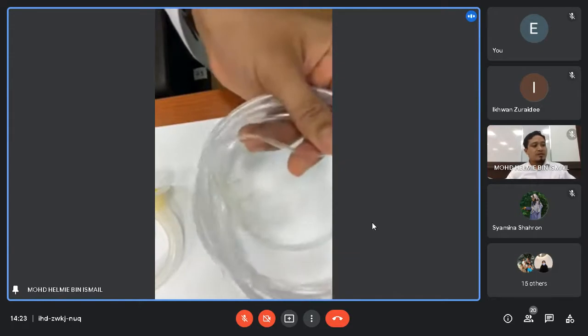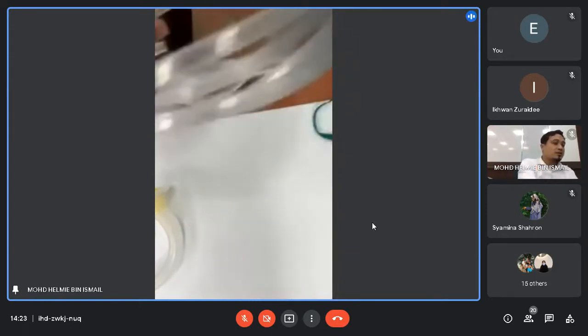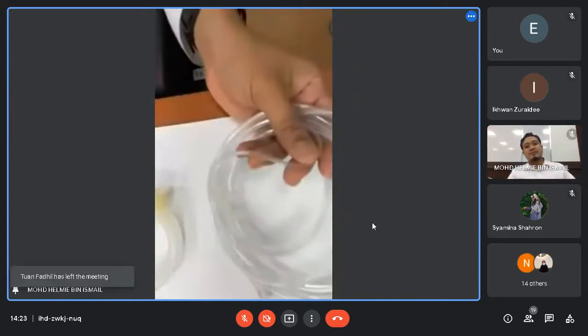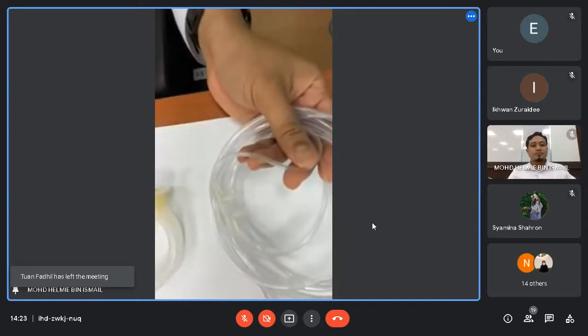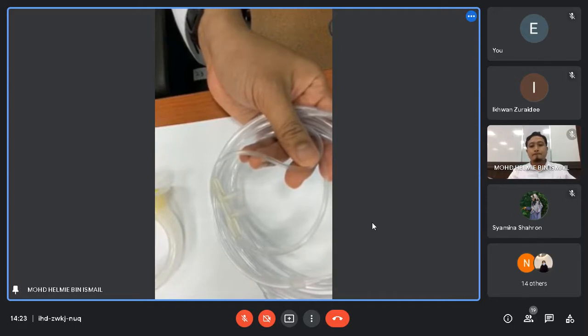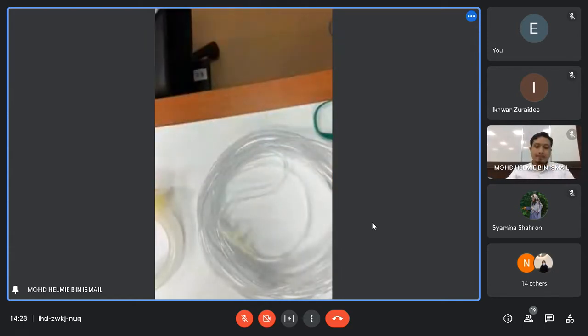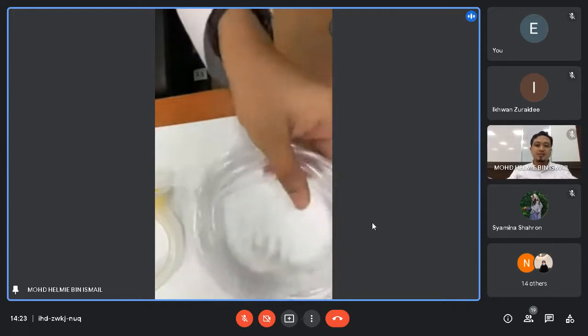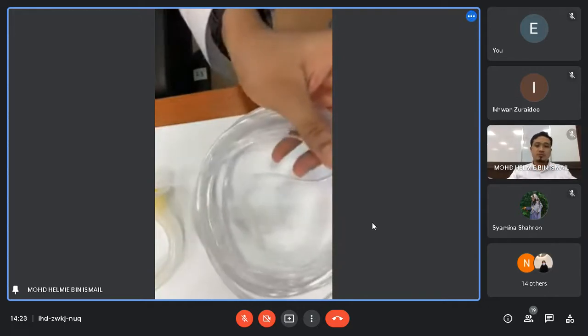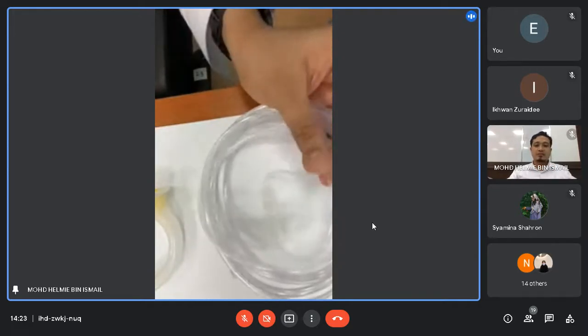Alright. Okay. Why we cannot give more than 6 liter? What's the complication of nasal prong? Siapa boleh beritahu? So basically, when we give more than 6 liter, we can cause dryness of mucosa.